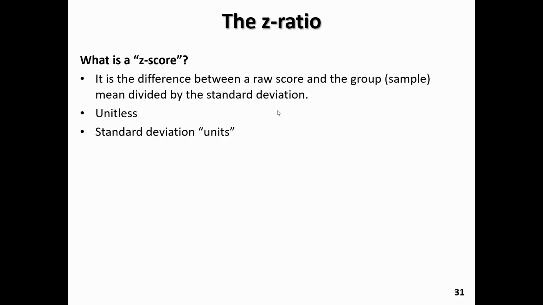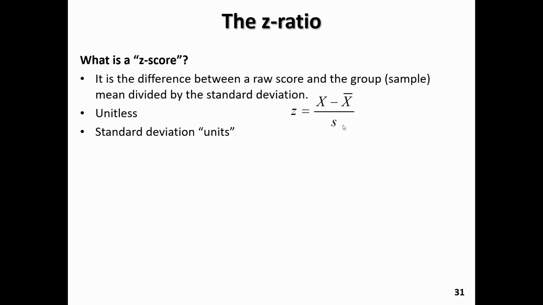As a result, the z-score is expressed in so-called standard deviation units and defined by this equation, where the z-score corresponds to the individual score in a sample, subtract the average of that sample, divided by the standard deviation.